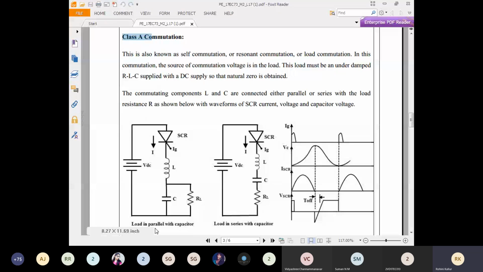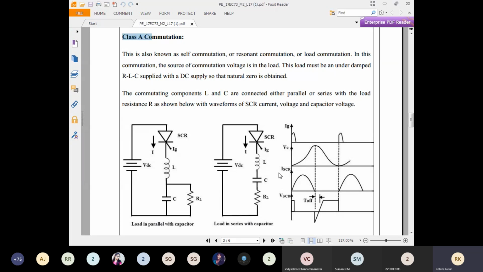Here the load is in parallel with a capacitor, whereas here it will be in series. In these two conditions we have considered R as a load, and whether the load is in parallel or in series, the circuit looks like this. This L and C combination are the commutating components.